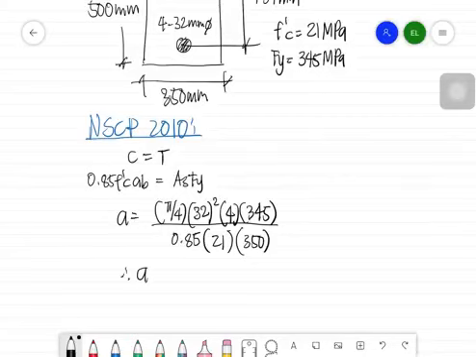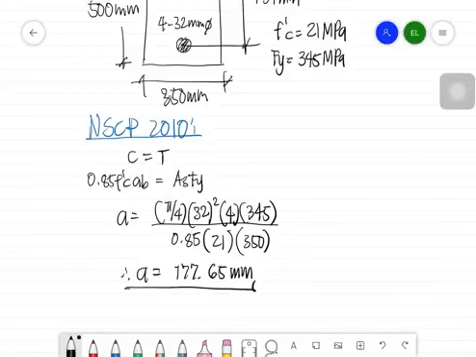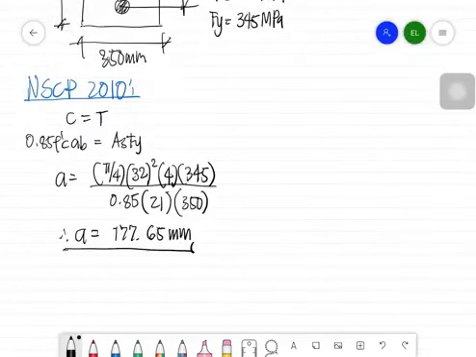Therefore a is 177.65 mm, for the compression block.